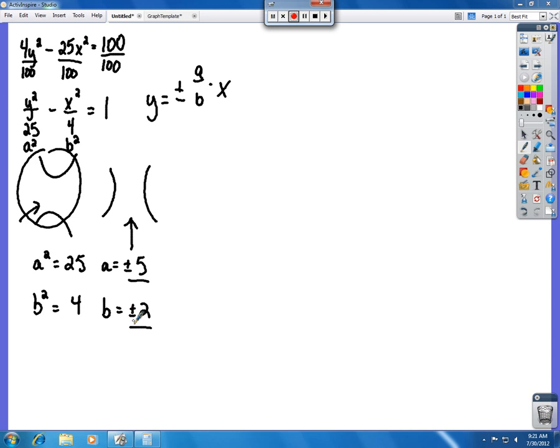So y is going to be equal to 5 over 2 x. So that's one asymptote. The other one is y equals negative 5 over 2 x. And so what I meant earlier is if you chose the positive 5 and the negative 2, then you would have had this outcome. If you'd made them both negative, you would have had this outcome. So regardless of what values for a and b you pick, you're going to end up with one of these two lines. Okay, so now we're ready to graph.